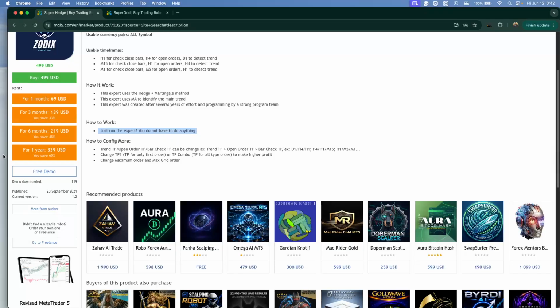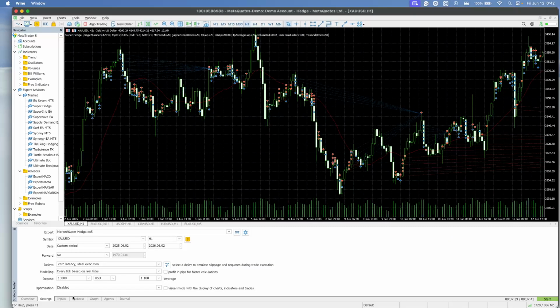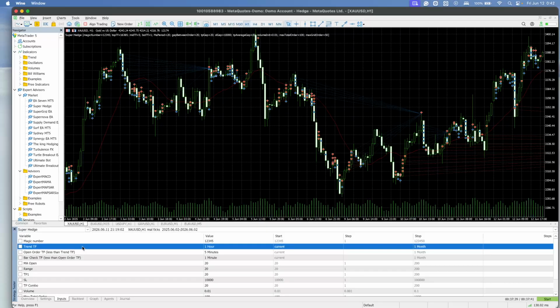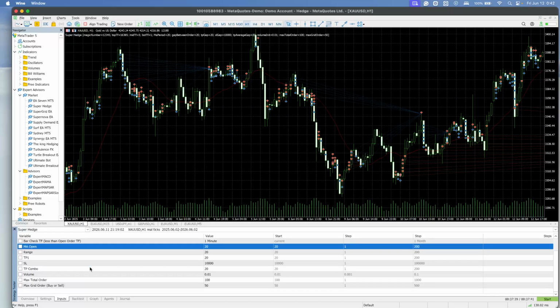Now let's look at the key inputs and settings, features that matter with this Super Hedge expert advisor. It is the multi-time frame structure that can be adjusted. Also, then we have the moving average based trend filter.